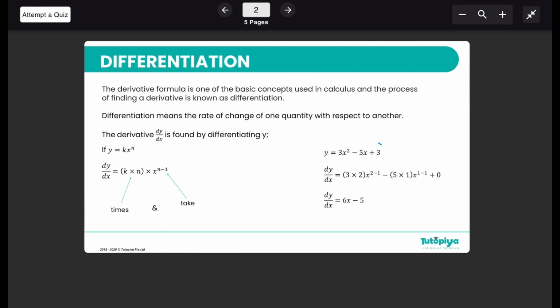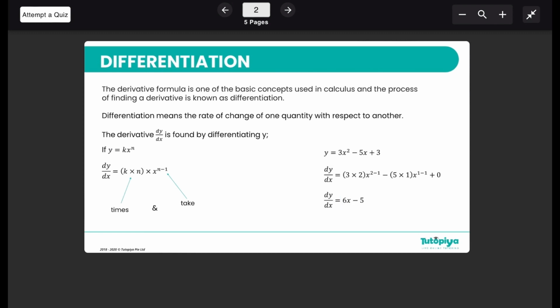So if you were to do an example, and we break this into 3 parts, 3x squared, when you differentiate, remember the 2 multiplies to the front, so it becomes 6, and then you subtract 1 from 2, so that becomes x to the power of 1. So we have 6x as the differentiation of 3x squared.